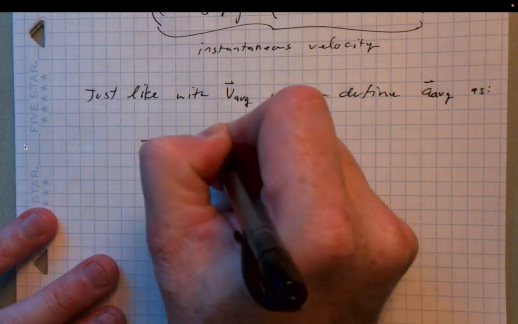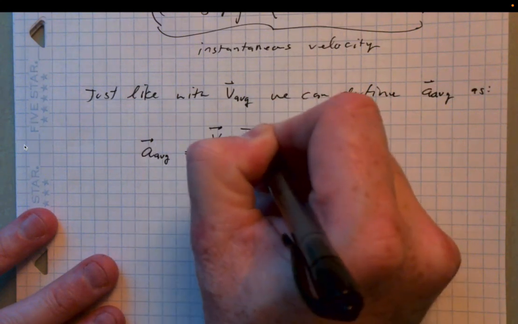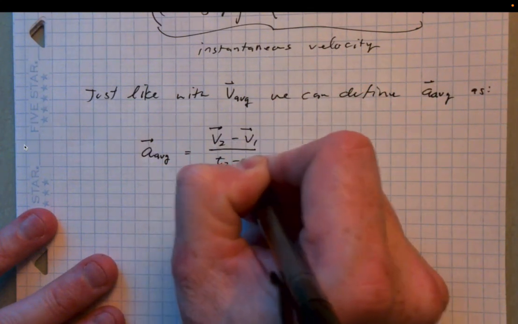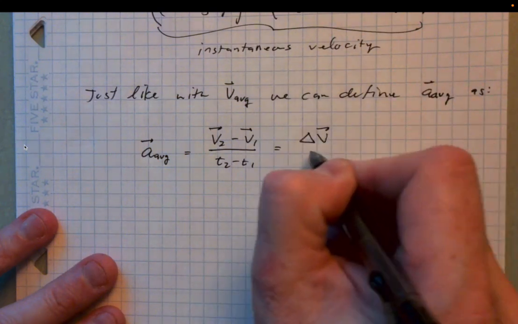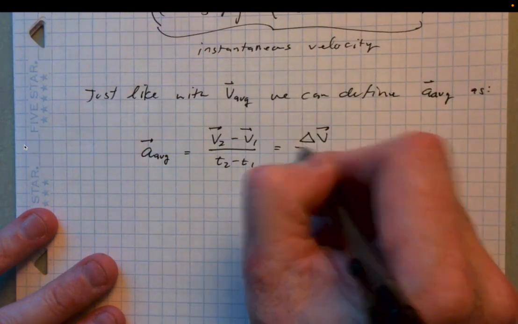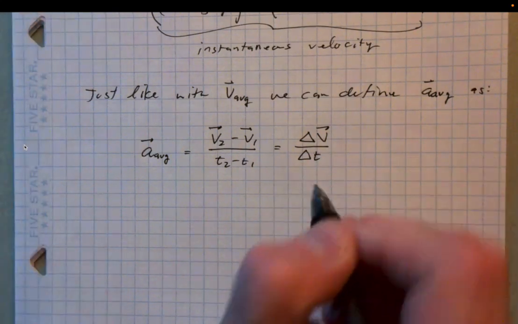So you can think of it like v2 minus v1, those are vectors, divided by t2 minus t1. Or it really is just delta v, v being a vector, divided by delta t, right?